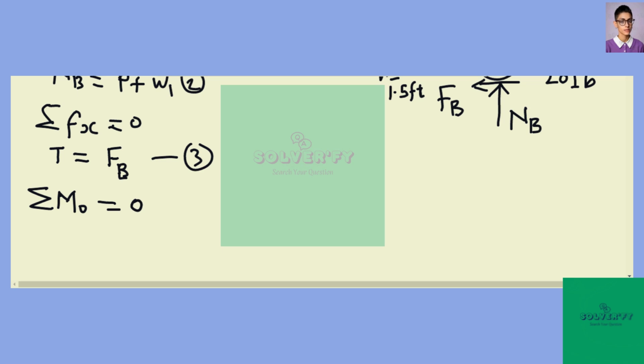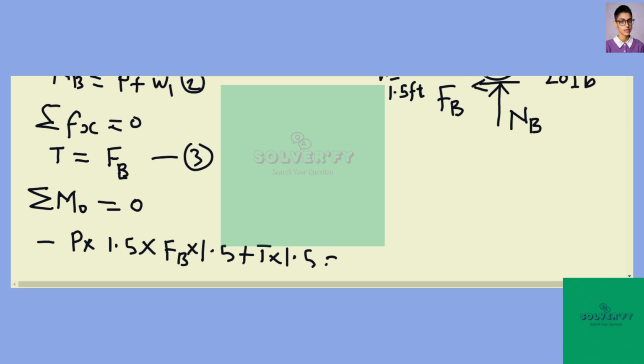Assuming that the net frictional force is positive, we have P times 1.5, minus FB times 1.5, minus T times 1.5.